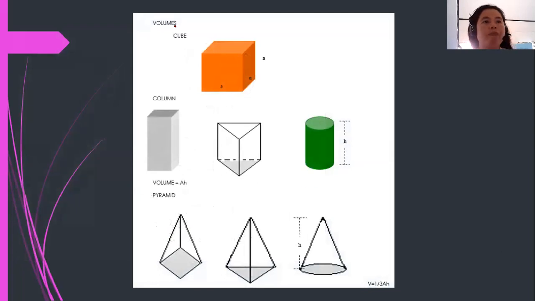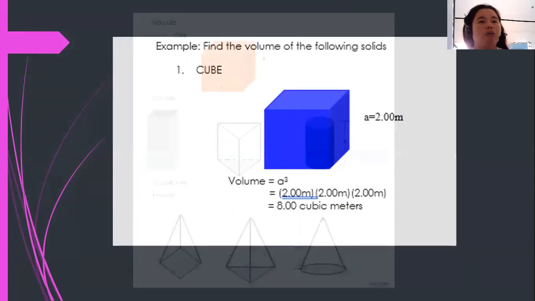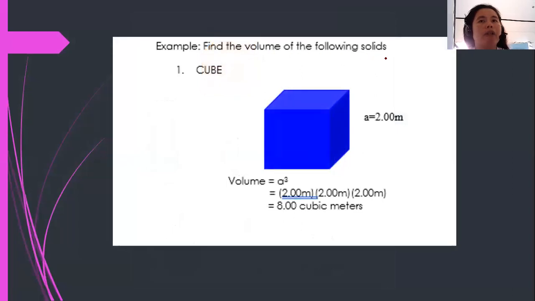Next, volumes. So we have the cube, the rectangular prism, the cylinder, the pyramid, and the cone. Okay, example: find the volume of the following solids. The cube. The formula of the cube is volume equivalent to A to the third power, wherein A is 2.00 meters.